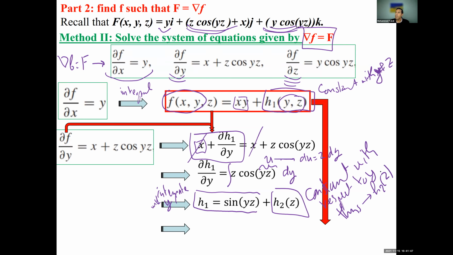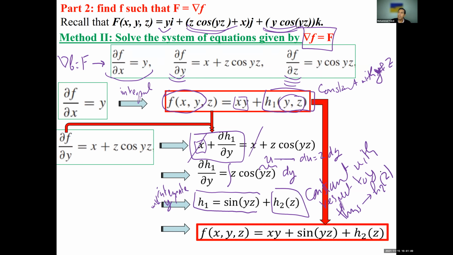We're building it little by little. We have xy first. We added this value, but h1 now contains the function h2. So you can imagine the next step is going to be to continue doing the same thing again and again, using the third equation.